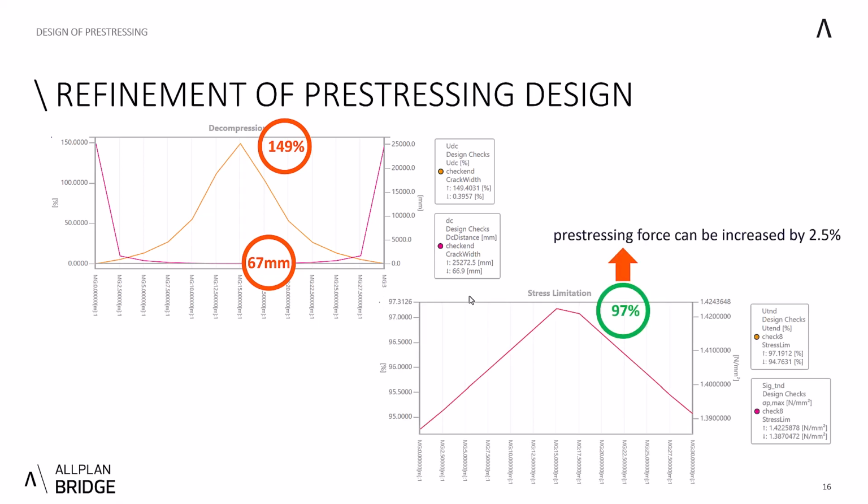As we can see from the stress limitation check, the tensile stress in the tendon after anchoring can be increased by almost 3%. Therefore, we will increase the pre-stressing force by 2.5% in order to meet the decompression condition.